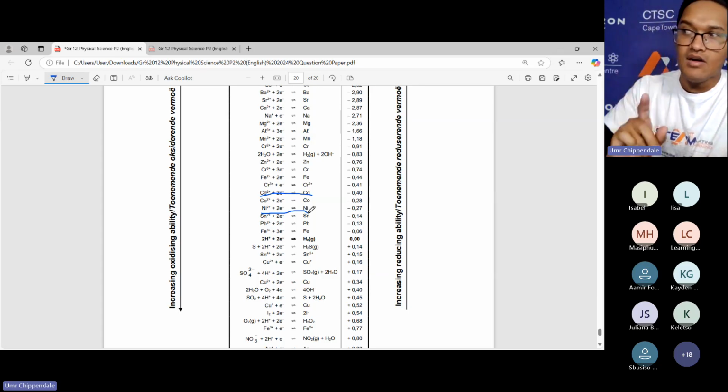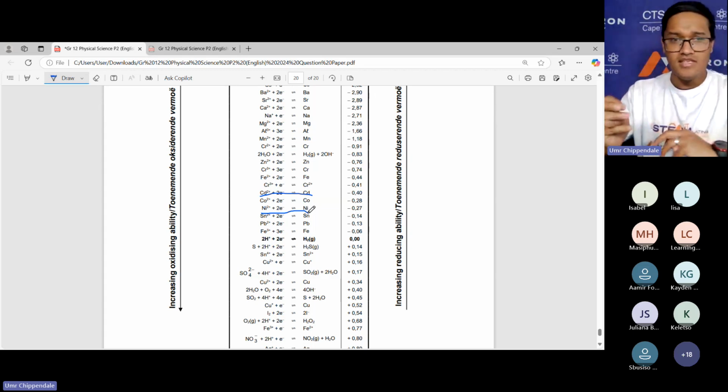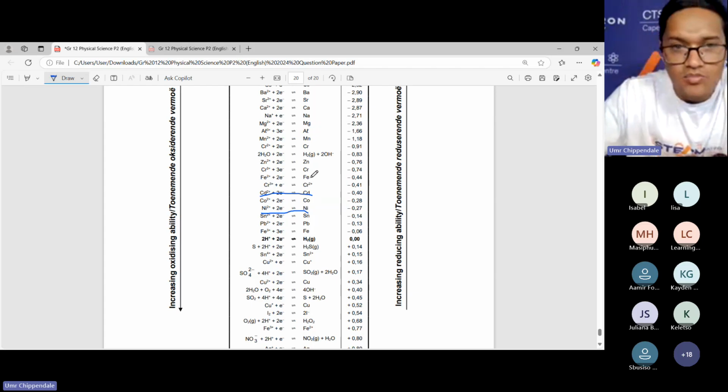Remember, it's a cathode, so it's red cat: reduction takes place at the cathode. So in which of these cases is a reduction going to be taking place? Well, we moved down, we found this first, and then we write from right to left. If we write that from right to left, it will be Cd, and the arrow, Cd2 plus plus 2 electrons, and then we move down.